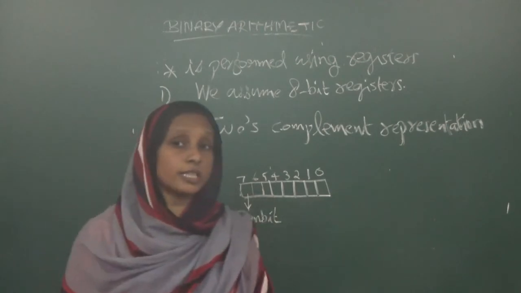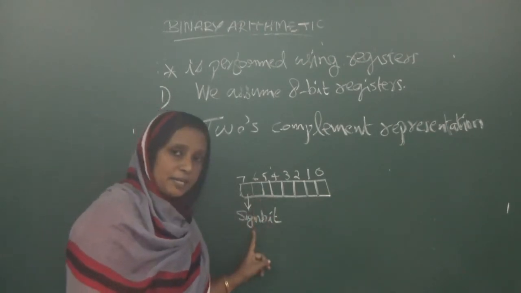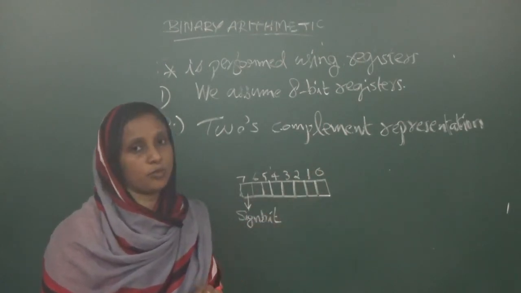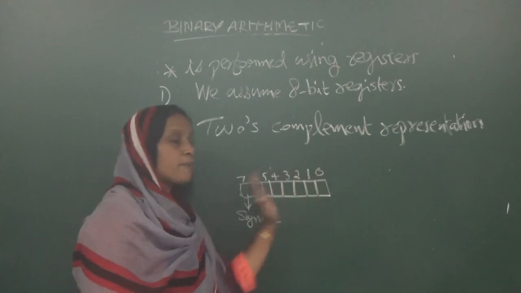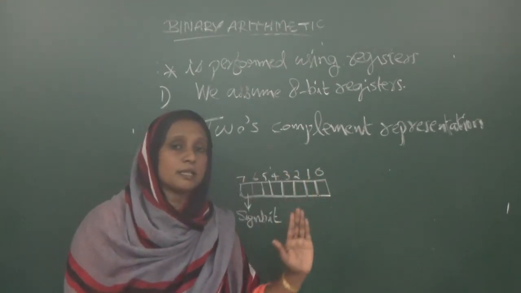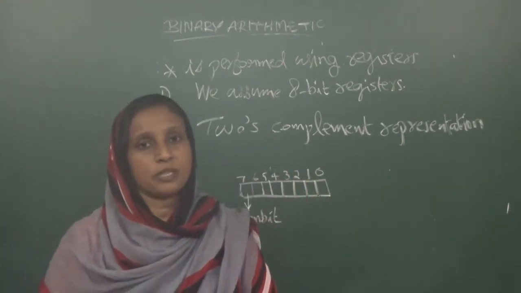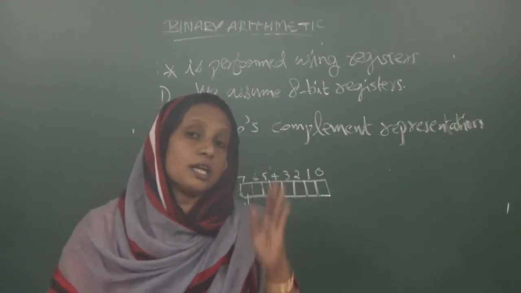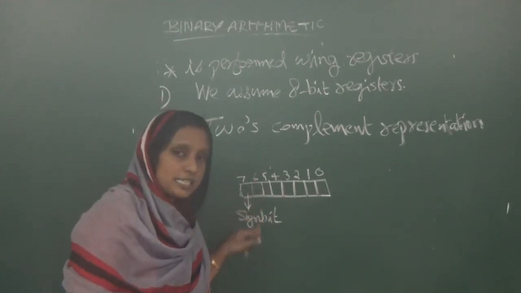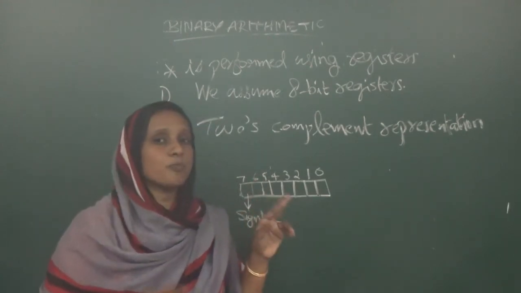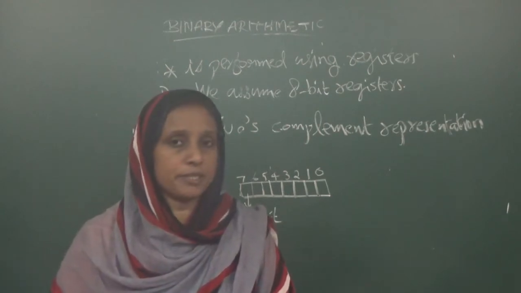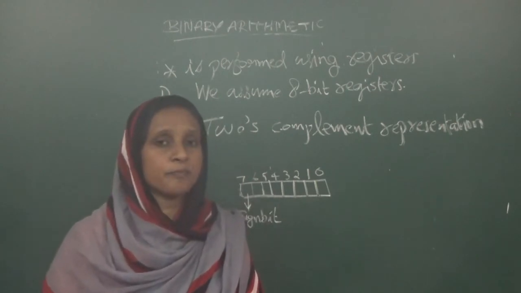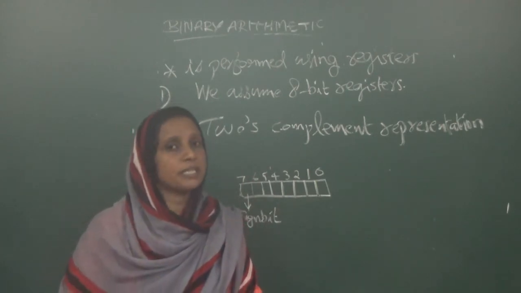The sign bit decides whether this number is positive or negative. The remaining 7 bits are used to represent the magnitude of the number.